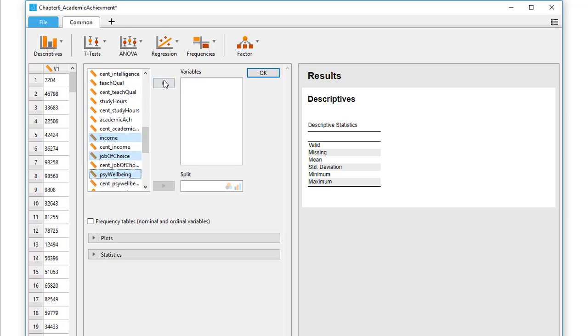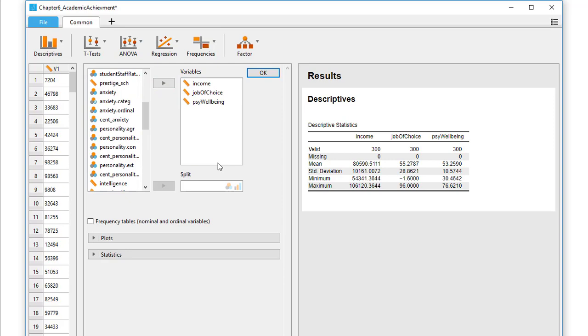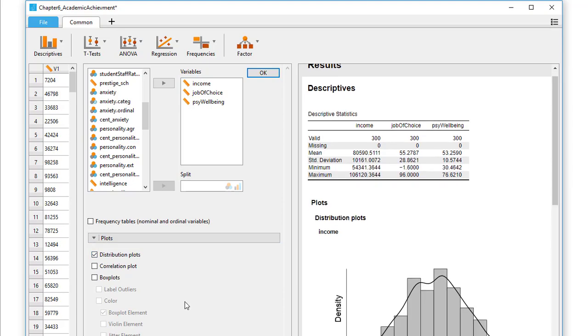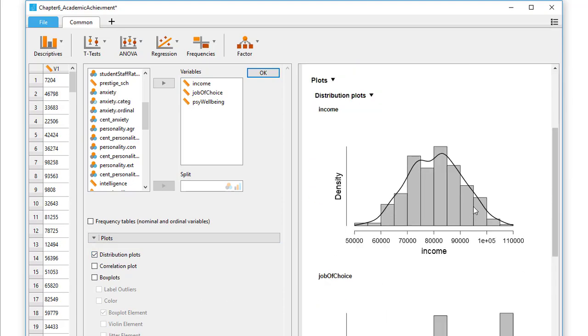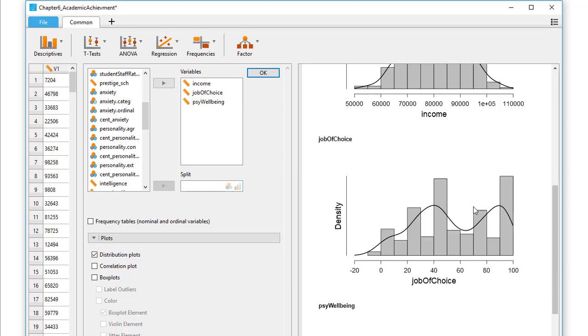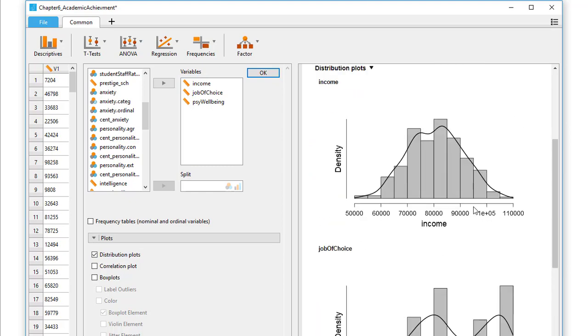So we put all these into variables, and here we get the descriptive statistics. We go to plots, and we can get distribution plots. So we've got distribution for each of the three variables that we are interested in.